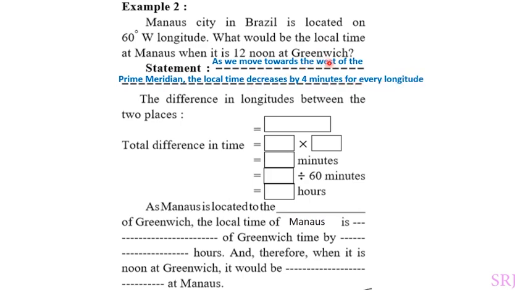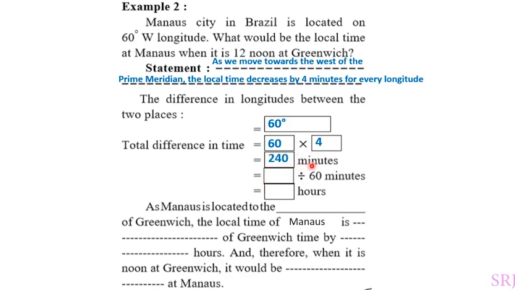We all know that Greenwich is at 0 degree and Manaus, the location is 60 degree west. So again, the difference between both the places are 60 degree. So total difference in time, it will be 60 multiplied by 4. The answer we get as 240.